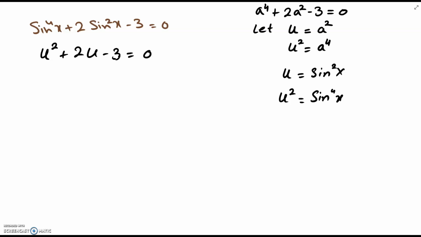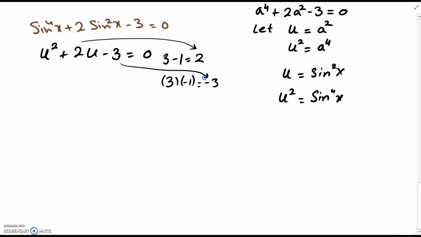So we think of two numbers, let's say 3 and minus 1. 3 plus minus 1 is 2, which is the middle term, correct? Now 3 times minus 1 is negative 3, which is the third term, correct? It means our pair is 3 and negative 1.